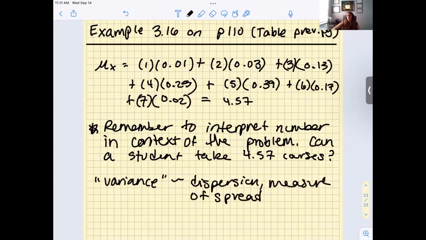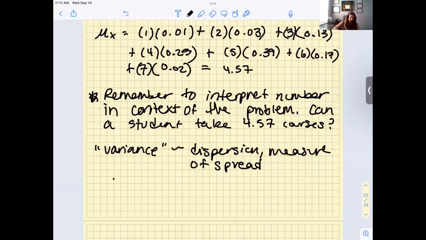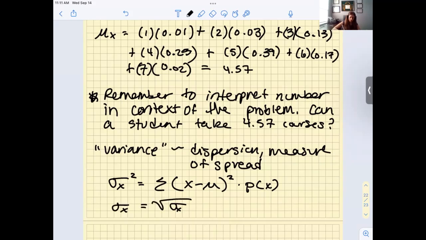When you have these numbers that have different probabilities of occurring, then you have to calculate that variance by adding up all the values minus that mean that you got squared, but each one had to be multiplied by its probability. And of course, if you want to find the standard deviation, you just take the square root of the variance.